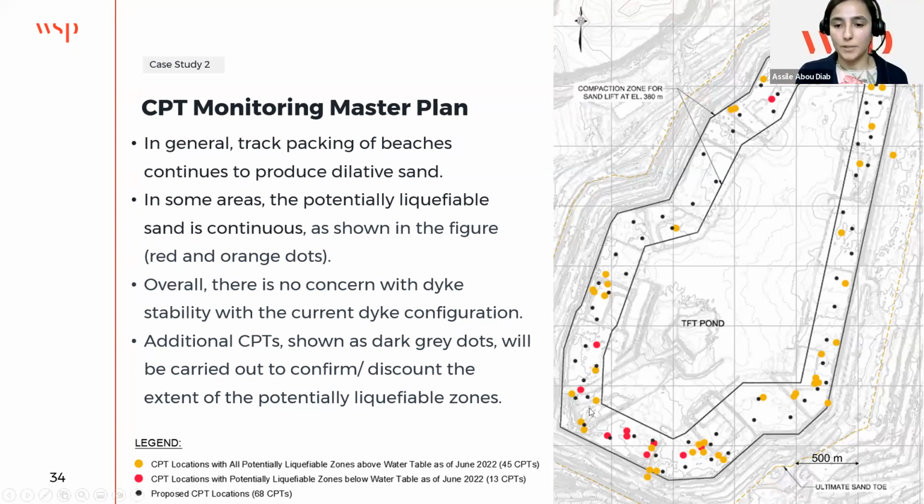That's why we propose more CPT testing in the next program next to those locations, to confirm or discount the extent of potential liquefiable zones and evaluate if we need more assessment or remediation measures.